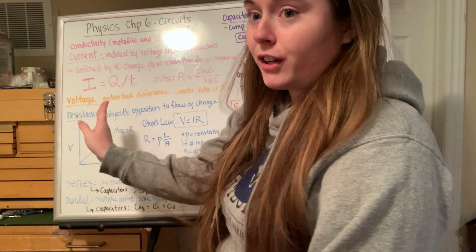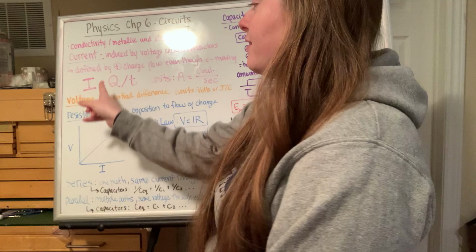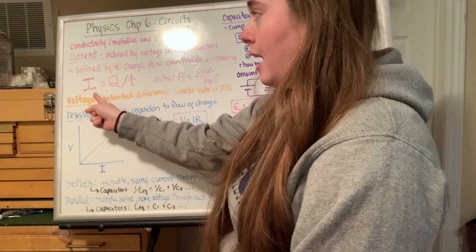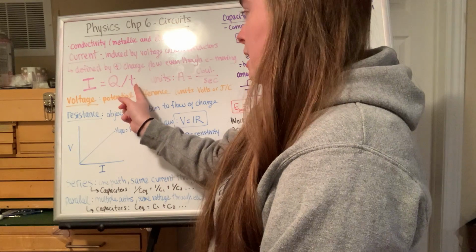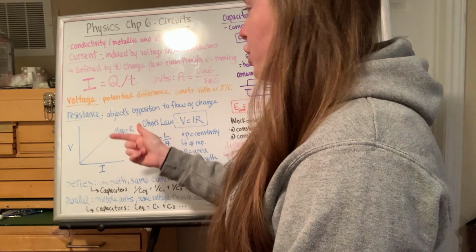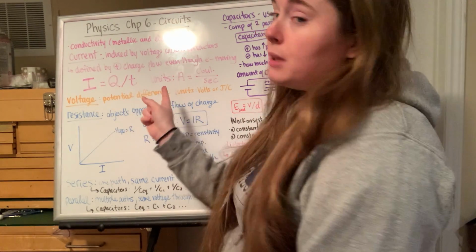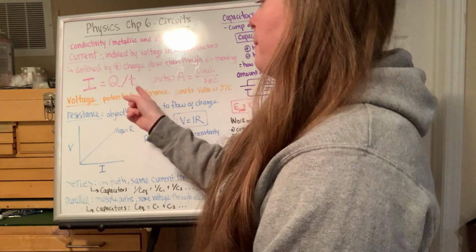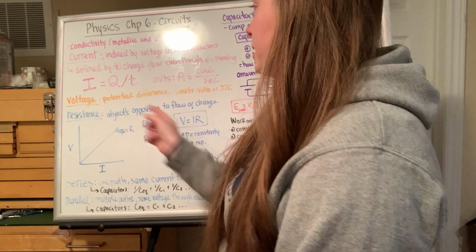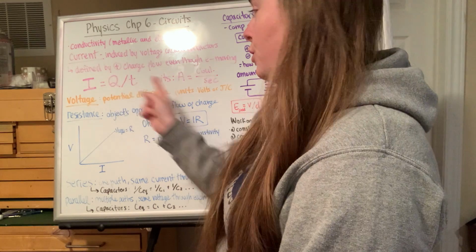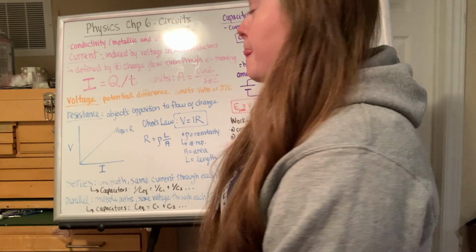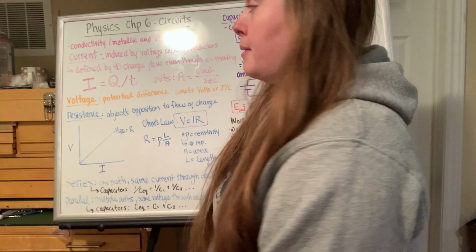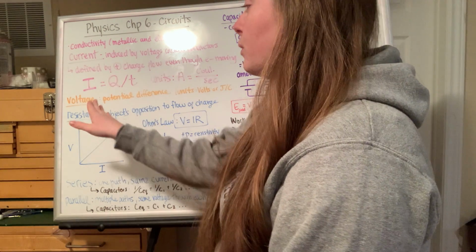But the equation for current, I wrote it nice and big here, is represented by I. So the current is I equals Q over T, where Q is the charge and T is the time. The units for this equation are amps for the current, coulombs for Q, and seconds for T. Another thing we need to consider when we're talking about circuits is voltage.